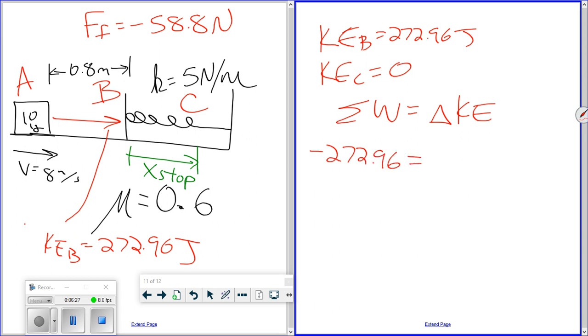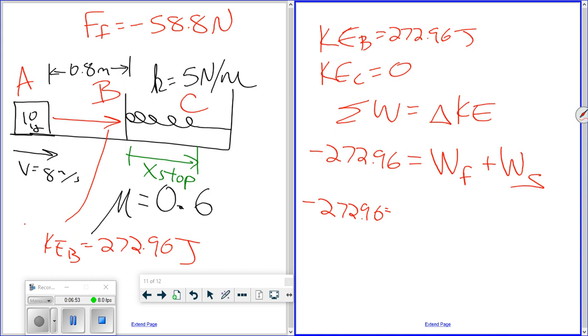That's got to equal the work done by what? EPE and friction and the spring. EPE is the energy, not the force. I knew you knew what you meant. Everybody good? All right, cool. Well, so that's negative 272.96 equals the work done by friction.